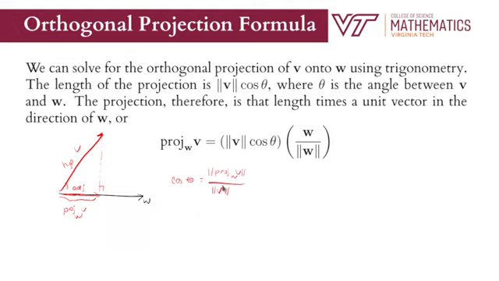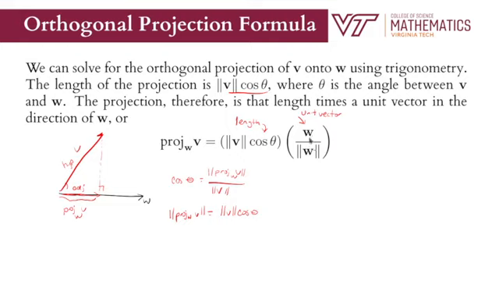And then bring this to the other side. The length of the projection is equal to the magnitude of V times the cosine of the angle. So we could use that and solve this problem using trig. So if this is just the length of the projection, then we multiply that length times a unit vector, and we will get the vector that we want.